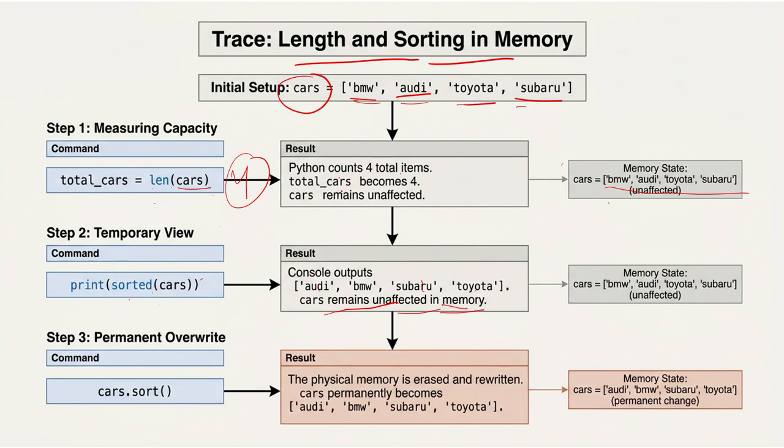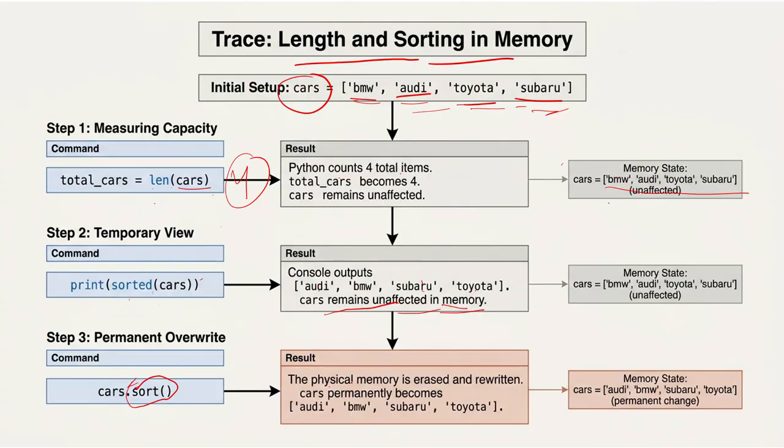What does it mean? In the memory, the original position of the items of the list doesn't change. Now, at the last, what you did was cars.sort(). You call this sort method. This will permanently arrange the items within your cars list in alphabetical order.